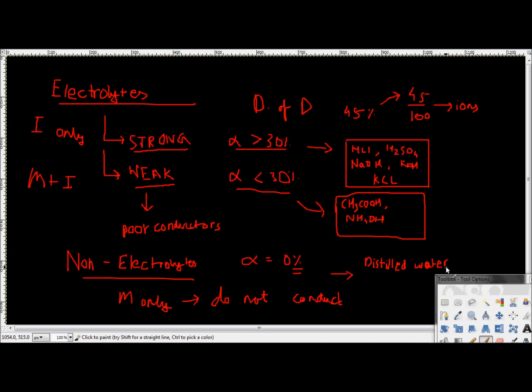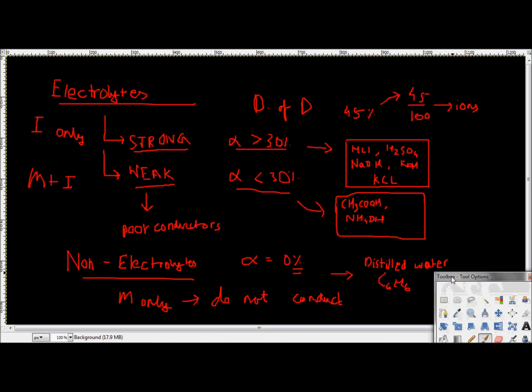You also have stuff like benzene, which is C6H6, and alcohol as well. I think you'll understand more of that when you do the hydrocarbons chapter. But for now, just learn whatever's given in your book. Two or three examples should be sufficient.